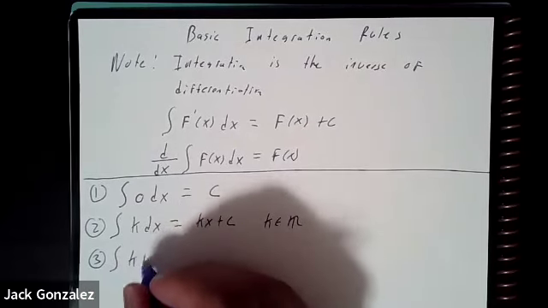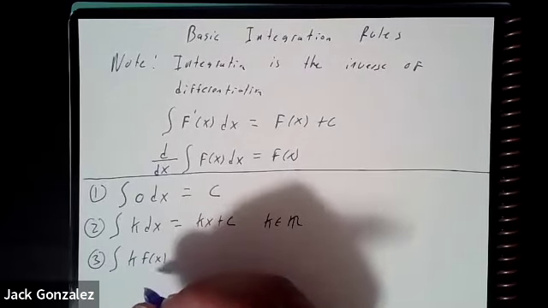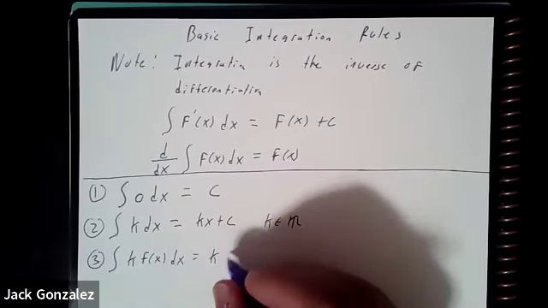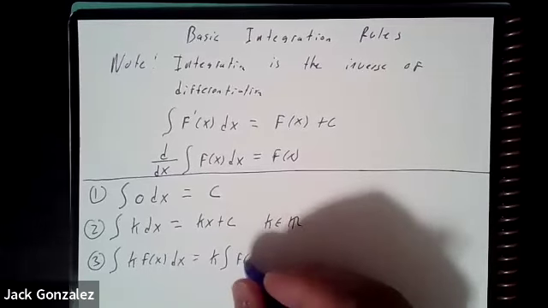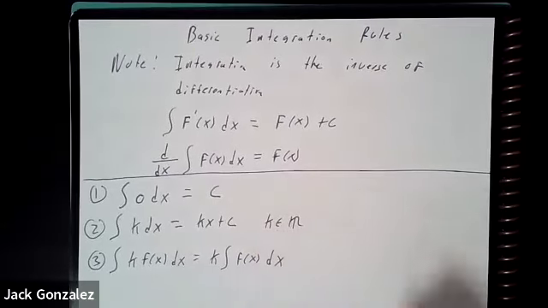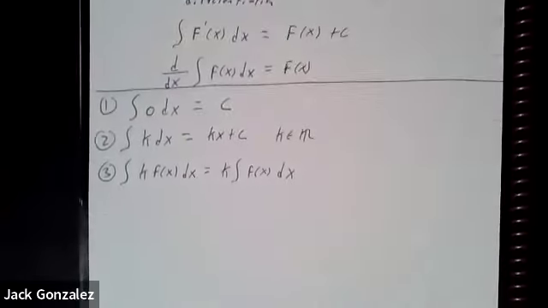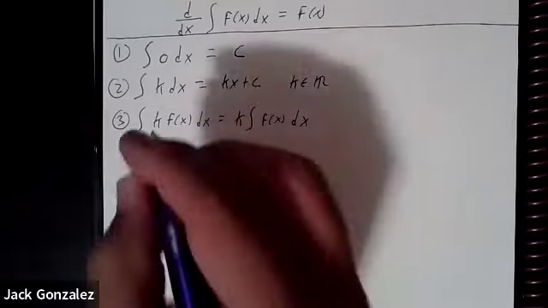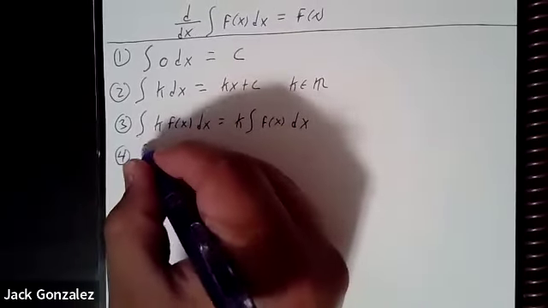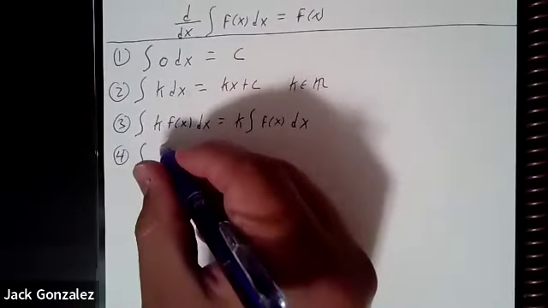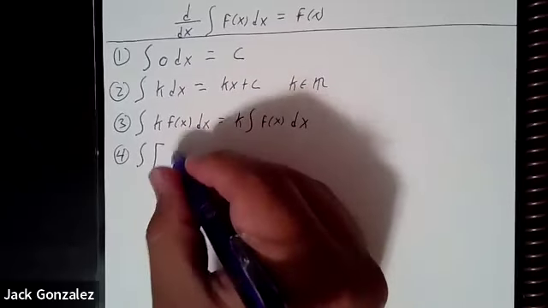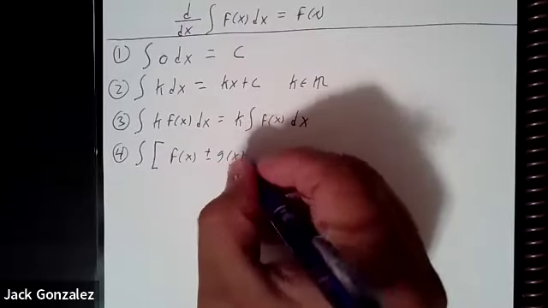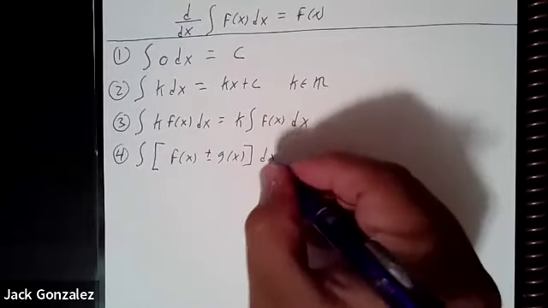If you have a k, or some sort of number factor on your function, you can pull that out in front and then do your integration. Number 4, if you have sums and differences of multiple functions or terms, you can integrate them piece by piece.